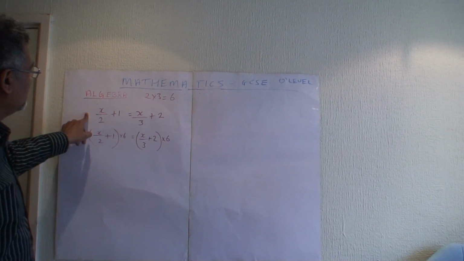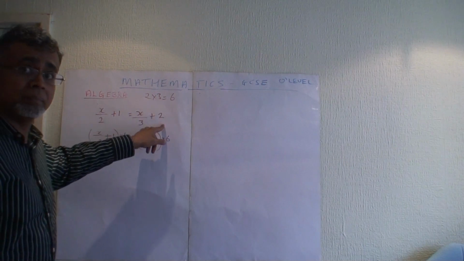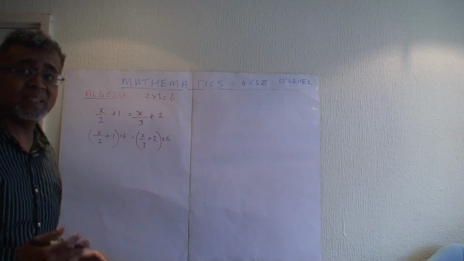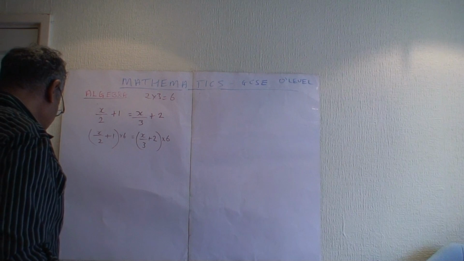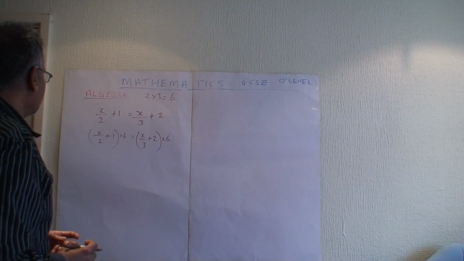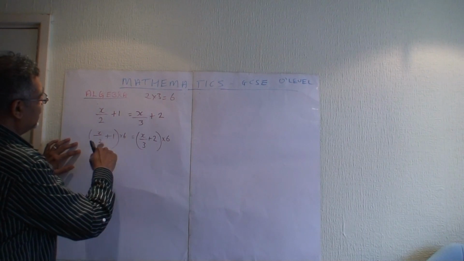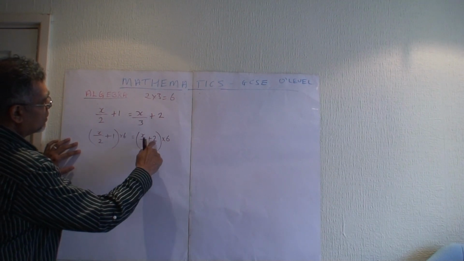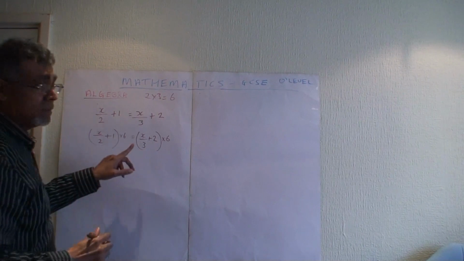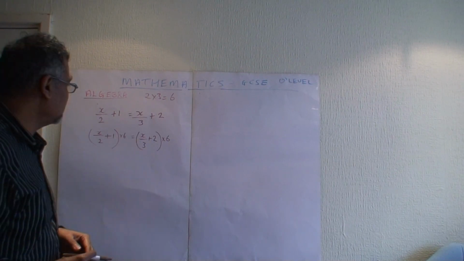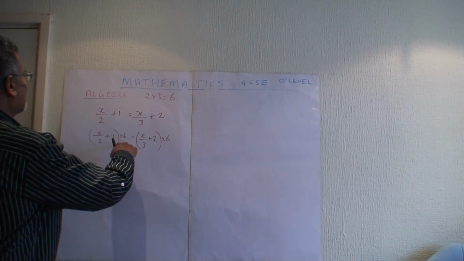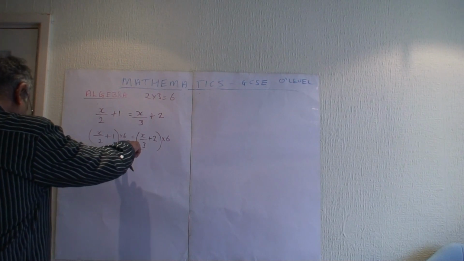So you put it into brackets, multiply by 6. What we do is multiply the 6 by each of the values inside the brackets.